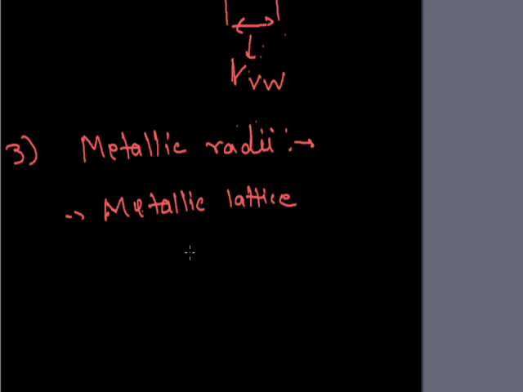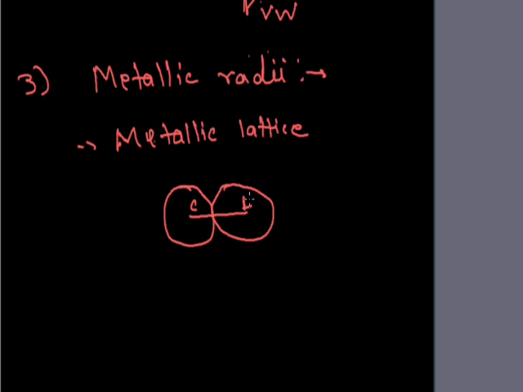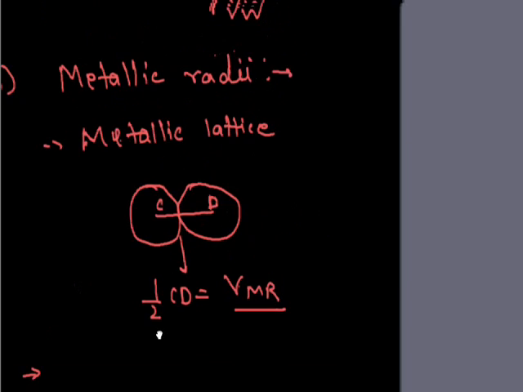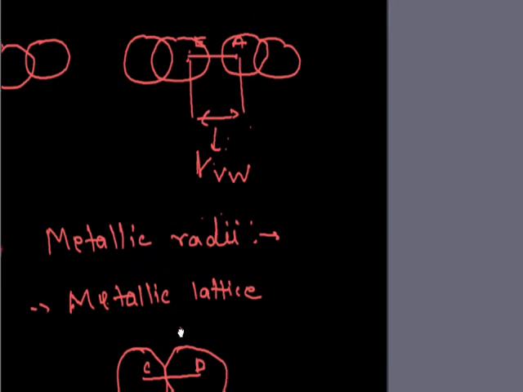In this, there will be no overlapping of the atoms. Let me consider these atoms C and D, and half of CD we will call the metallic radius. So in this we see that there is no overlapping and also there is no extra distance like in van der Waals radius.